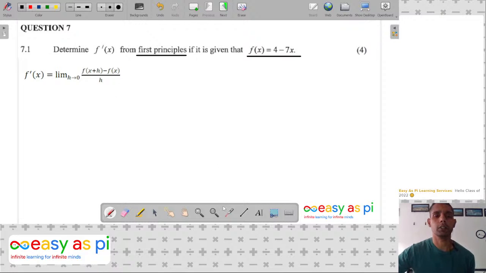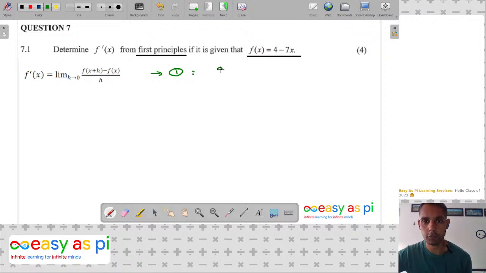So what we're going to do is I'm going to show you a couple of steps. The first step is not something that you have to write in your exam, that's why I put it in green, but let's find the derivative just using our shortcut rules.